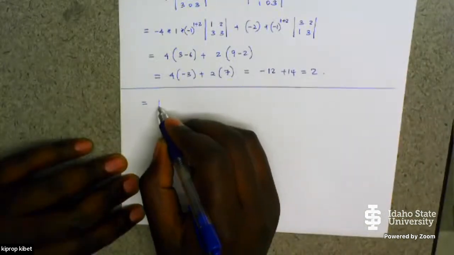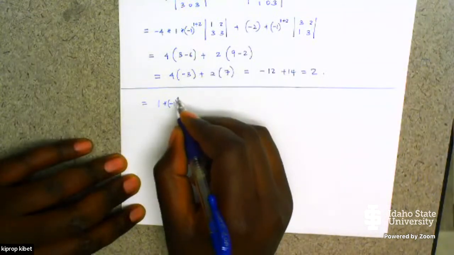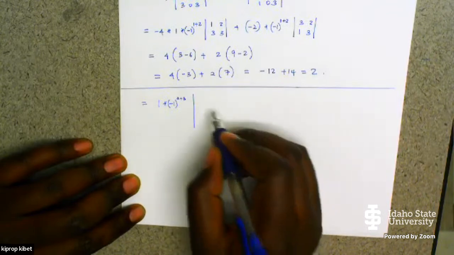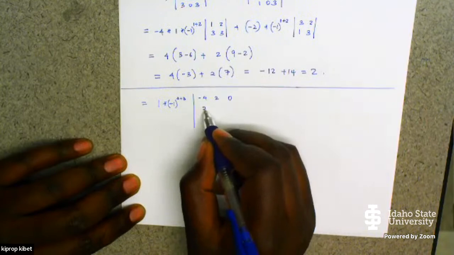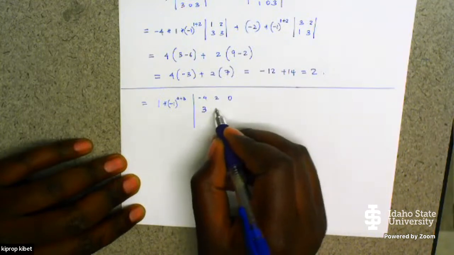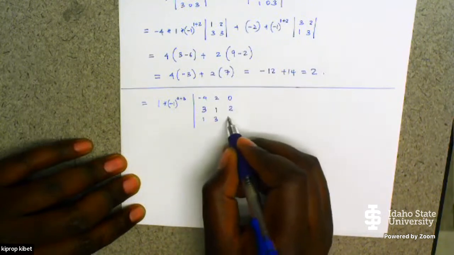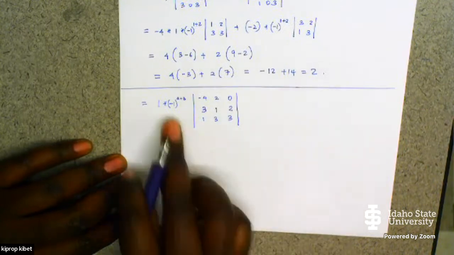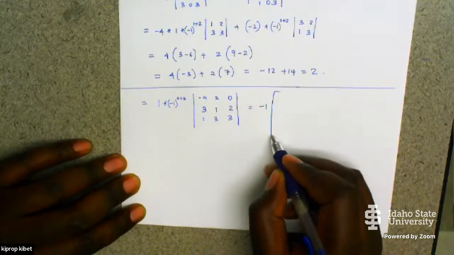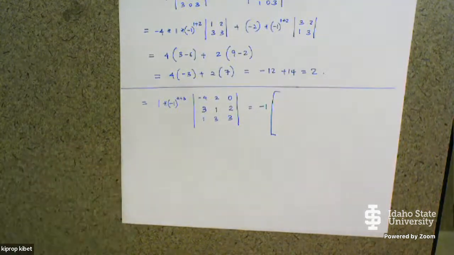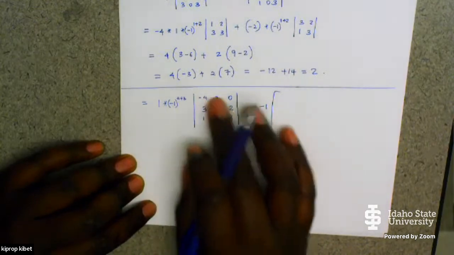So it is 1, multiplied by -1 raised to 2 plus 3, times the determinant of -4, 2, 0, 3, 1, 2, and then 1, 3, 3, right? And this is of course negative, so the whole of it is negative. It is affecting the whole matrix. Get the point? So negative. And then you come now and reduce this.